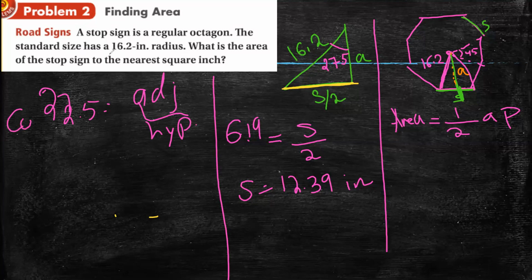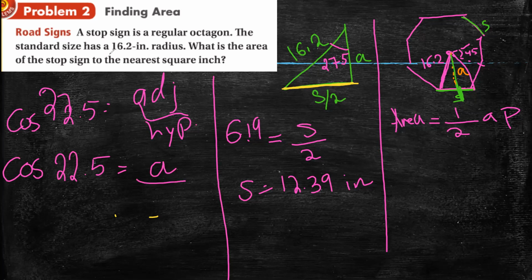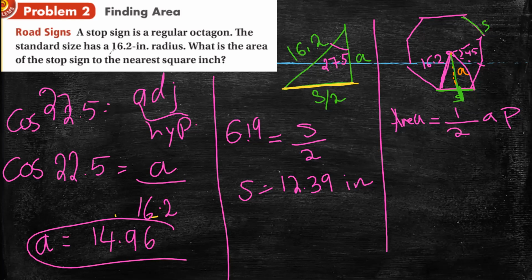So, cosine 22.5 is the adjacent, which is a, over the hypotenuse, which is 16.2. Then to find a, you have to multiply cosine 22.5 times 16.2. So the answer is 14.96.